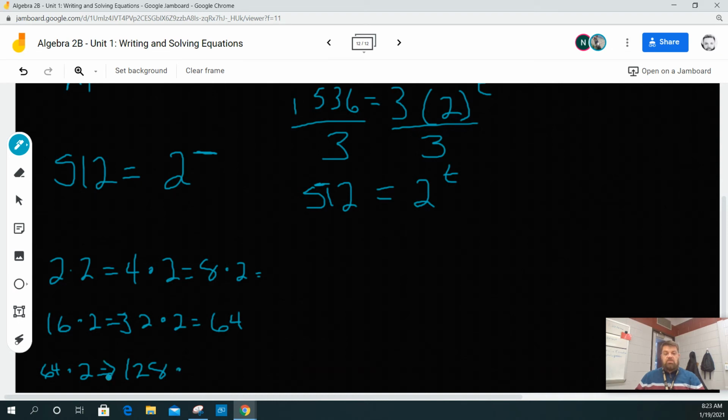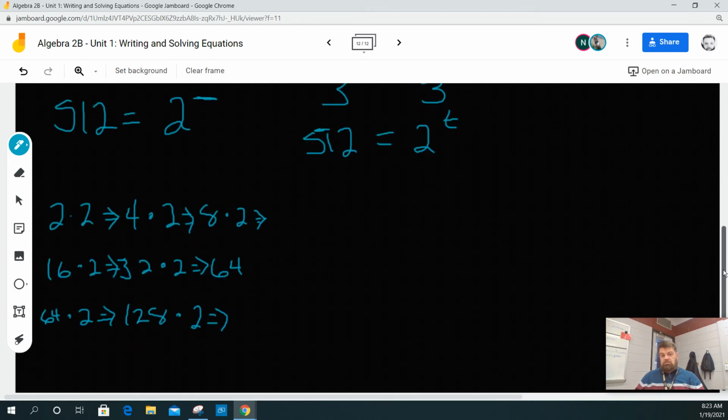I gotta quit doing this because my professors would lose their minds. It's not all equal to each other. So 128 times 2 equals 256. That's an arrow, by the way. So then 256 times 2 does in fact equal 512.